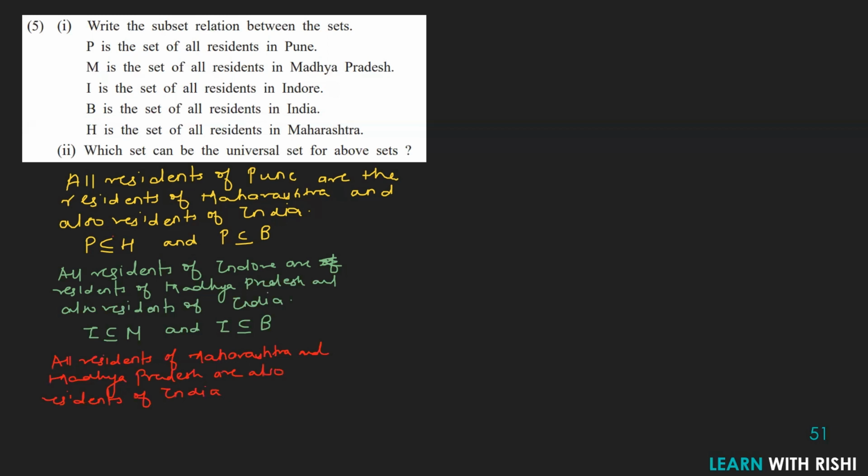Therefore we can write H is a subset of B and M is also a subset of B. So we have got 6 subset relations between the following sets.